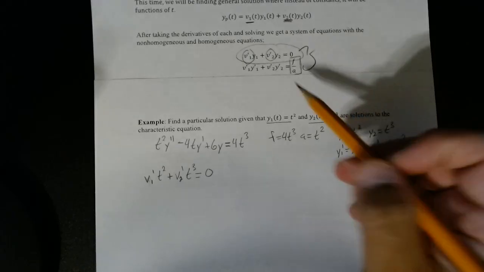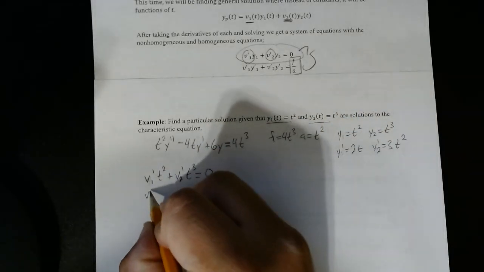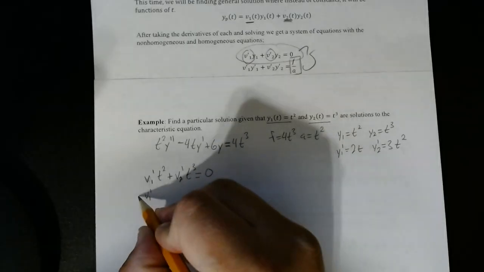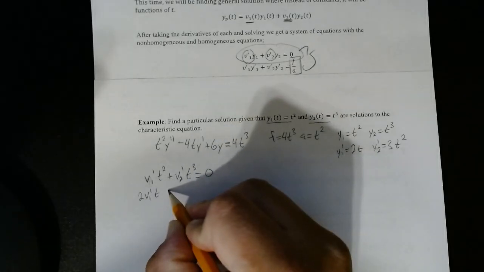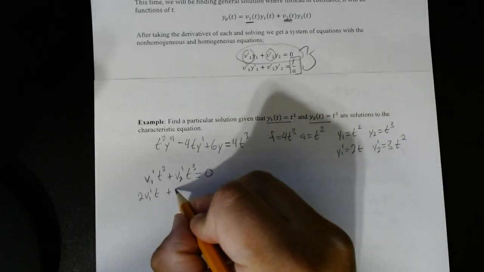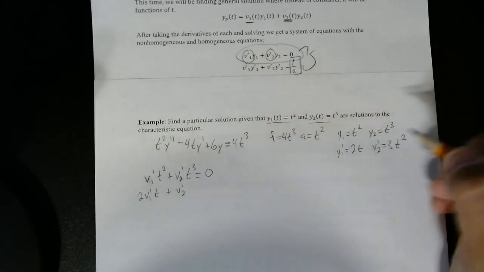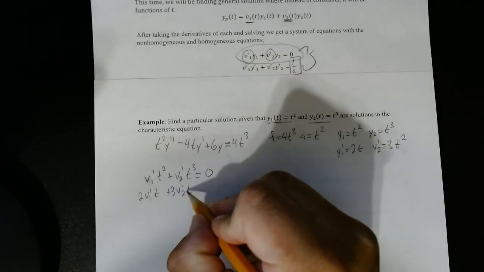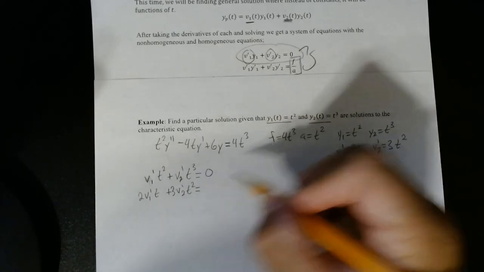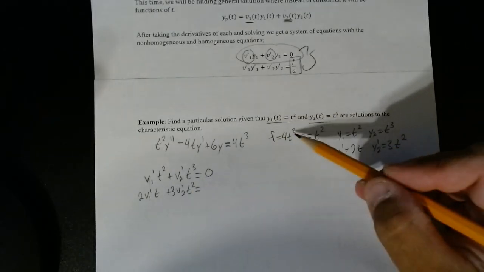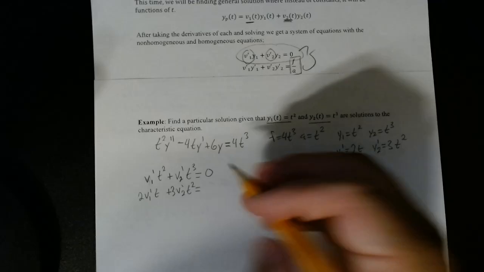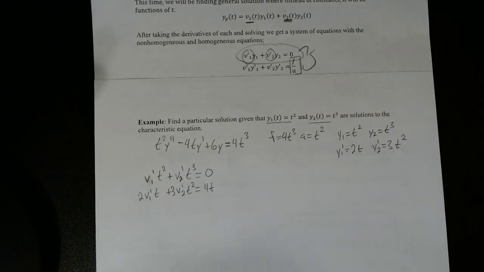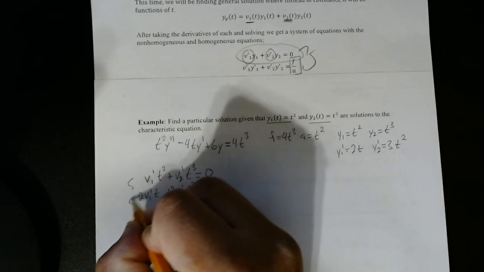Okay. And now the bottom, v1 prime times the derivative of y1, plus v2 prime times the derivative of y2. And now this time it's going to be f divided by a, so this divided by this ends up being just 4t. So here's our system of equations.